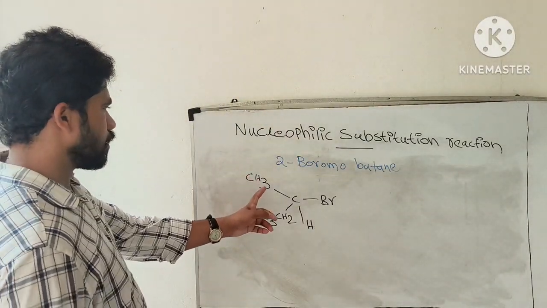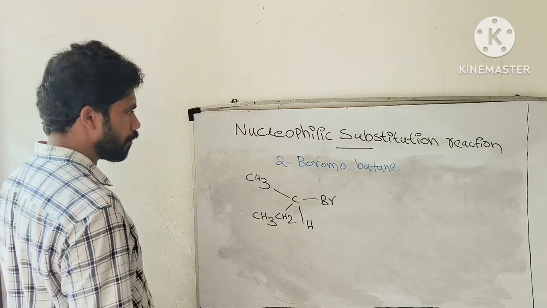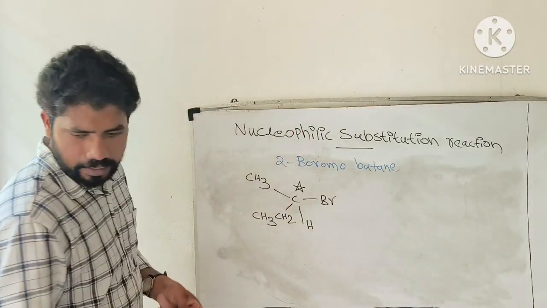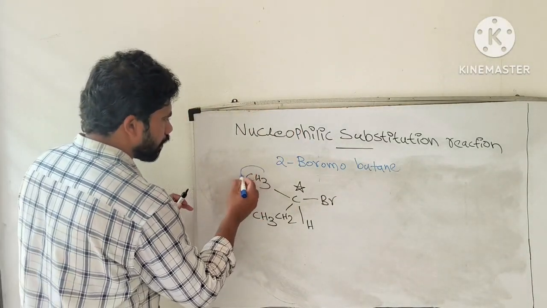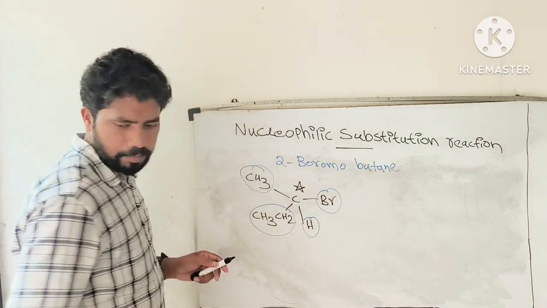So CH3, CH, CH2, CH3. It is called 2-bromobutane. And dear students, this is a chiral carbon, since you can see here a methyl group, an ethyl group, a hydrogen, and a bromine.